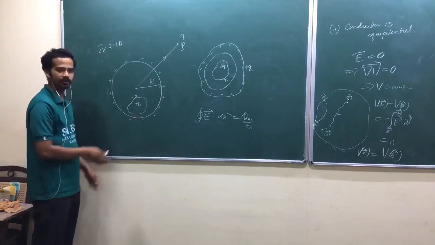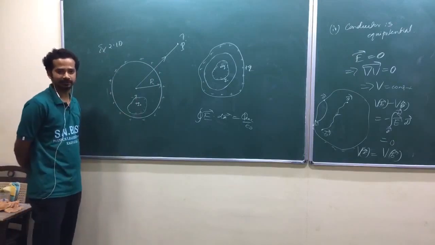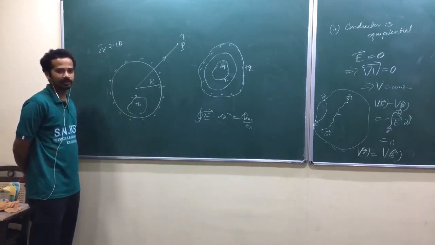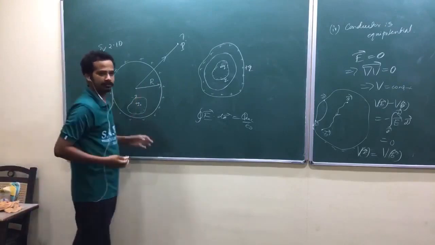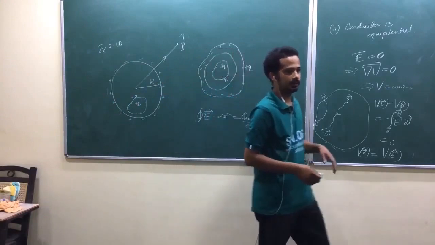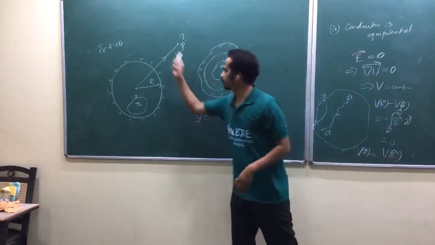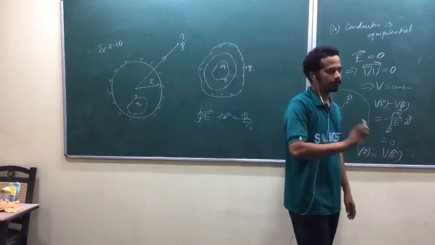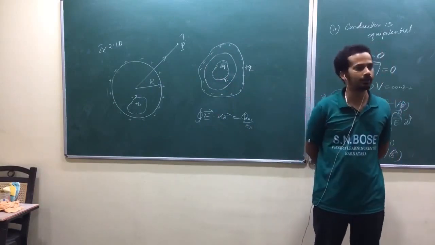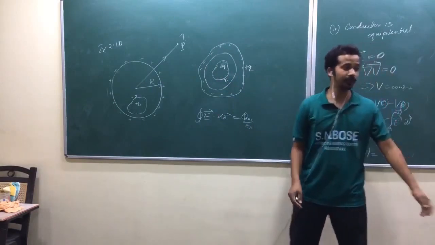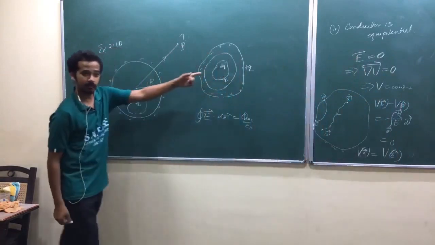Inside, the electric field is 0. There is no link. So electrons moved out to the cavity surface. Now positive ions are left over the outer surface, and those positive ions will be distributed uniformly because the surface is uniform. If the surface is non-uniform, again you have to go back.